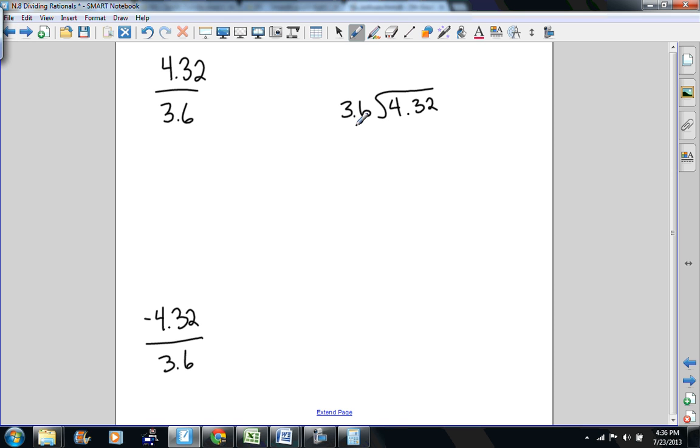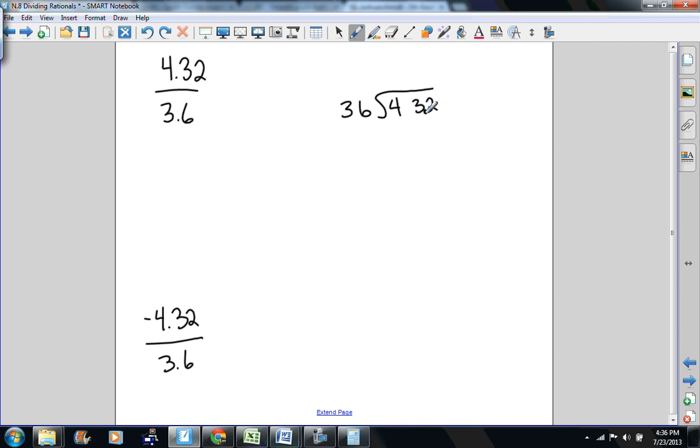And I'm going to do that by moving it over to the right, because if we move it to the left, it's just going to make it a smaller decimal. So if I move it to the right, this becomes 36. But in order to do that, we have to move the decimal in this as well. So what ends up happening is we end up getting 36 and then 43.2.